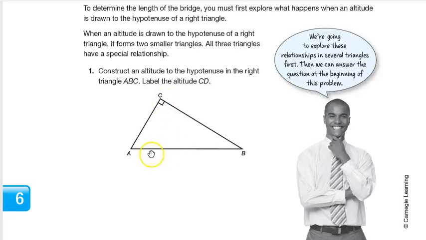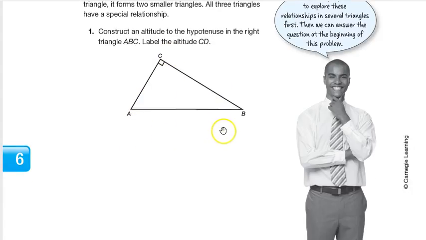Create arcs from those 2 points, and then draw a line through them, and you will have hit the vertex here, where the right angle is, and you'll have a perpendicular that goes through it. So again, it starts by placing a needle on C, creating the arcs with the compass, then taking the 2 intersection points and constructing the perpendicular bisector, like we've learned before.